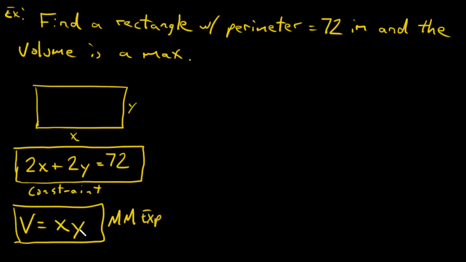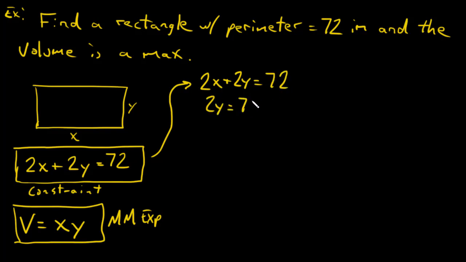and I just need to solve for one of the variables in my constraint, and then plug it in. I'm going to solve for y just because why not? Let's do 2x plus 2y equals 72. So 2y equals 72 minus 2x. Y is equal to 36 minus x. Okay?